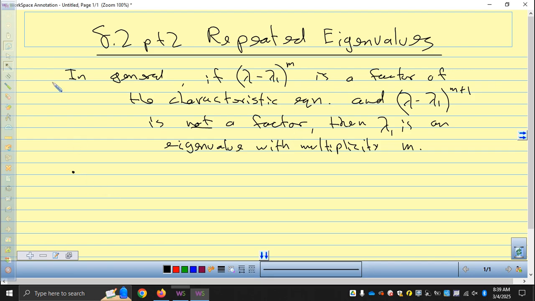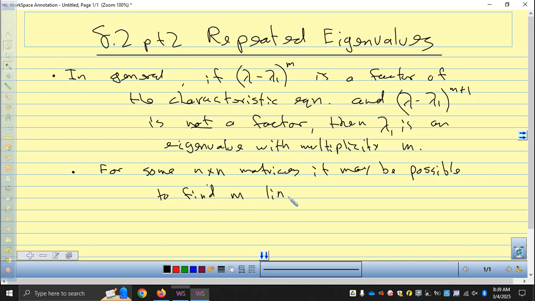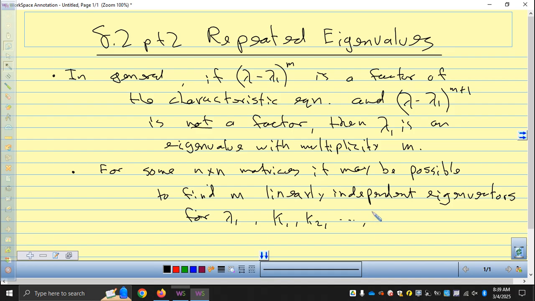And for some n by n matrices, if we have a repeated eigenvalue, it may be possible to find m linearly independent eigenvectors for lambda 1, and we'd say k1, k2, up to k sub m.